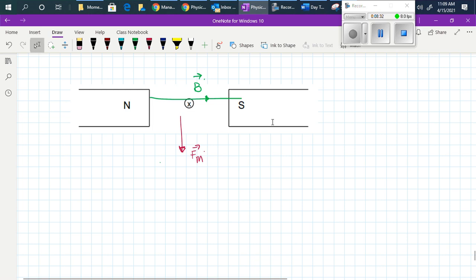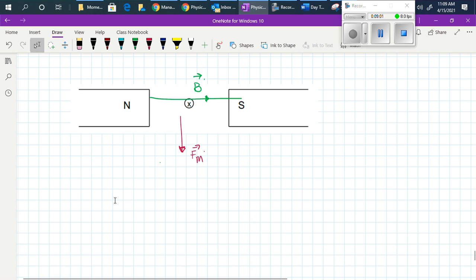And so, again, I want to emphasize that we are always using the left-hand rule, because the majority of students are right-handed, so we will just keep this.